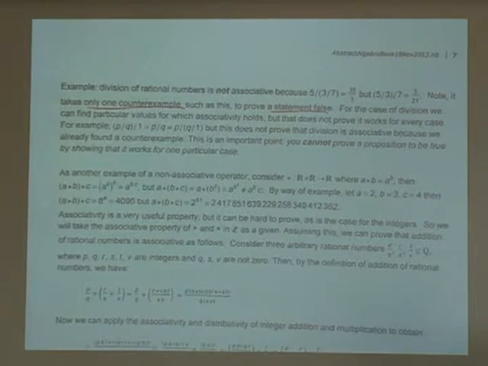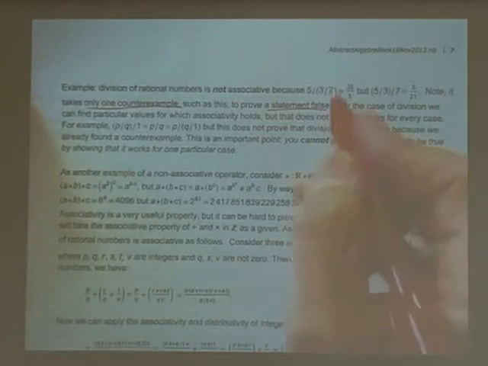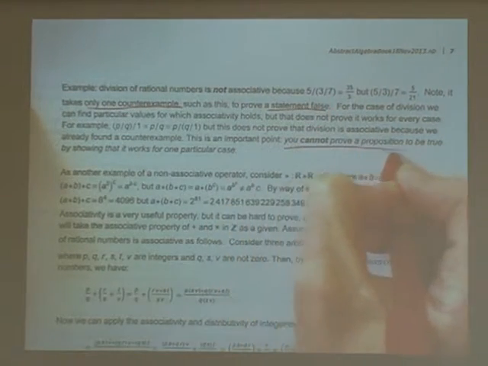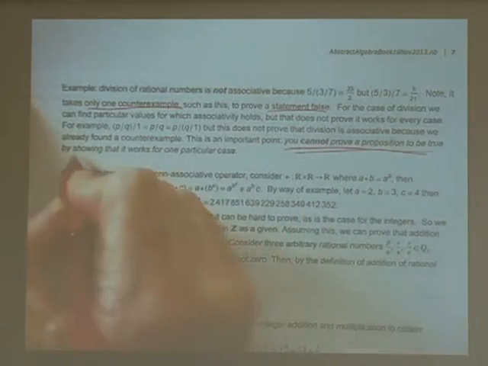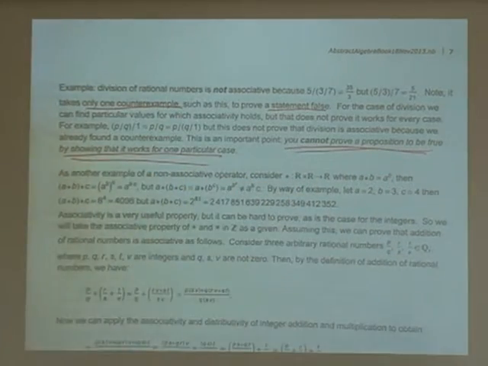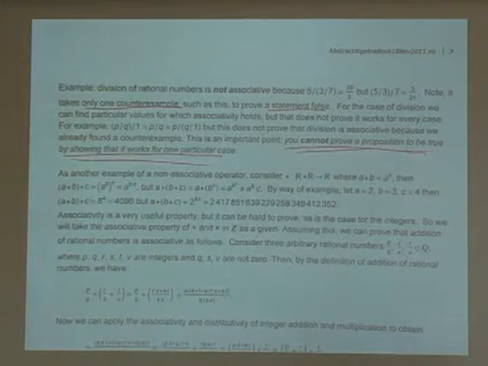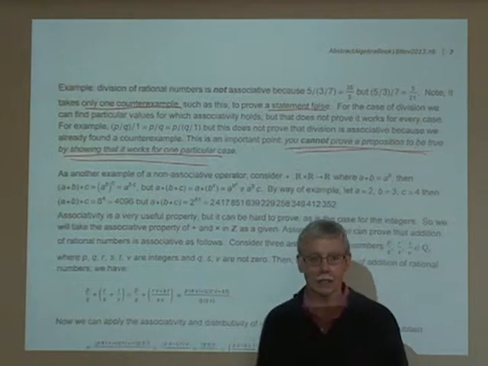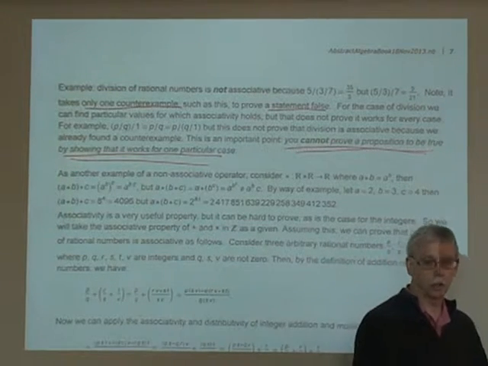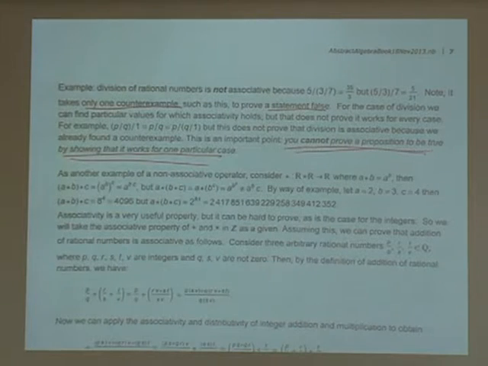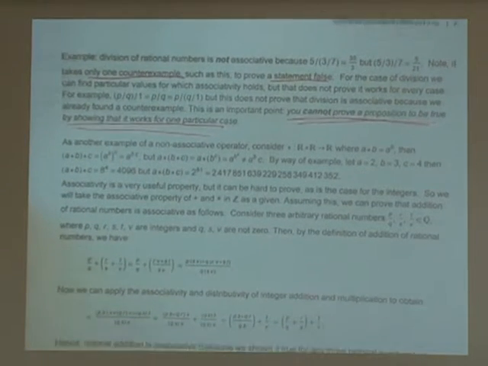That's just a case that happens to work. This is another very important point about proofs. If it says prove, one example doesn't work. You cannot prove something is true by showing it works for a particular case. That's just a demonstration that it works, but not a proof. You have to show that it works in every case.